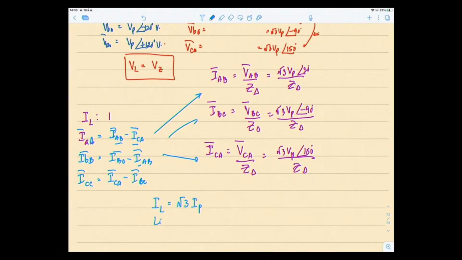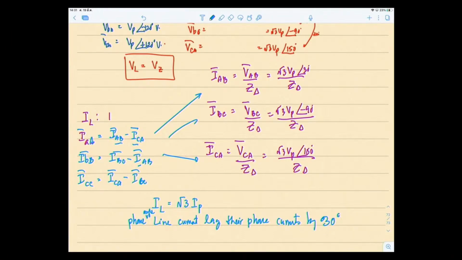And the phase angle of the line current lags their phase current by 30 degrees.